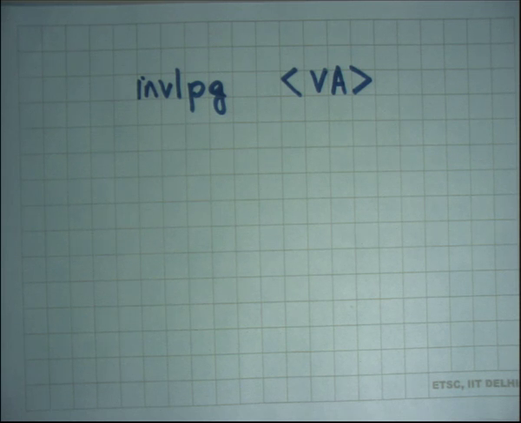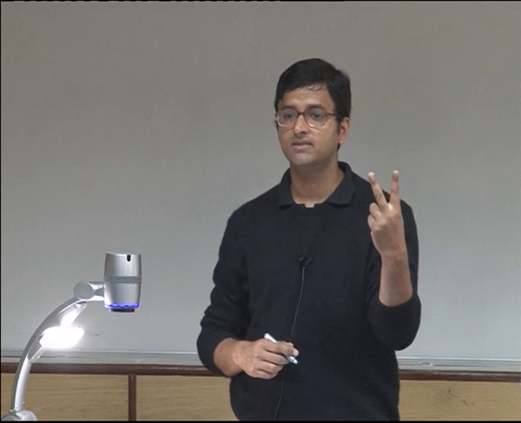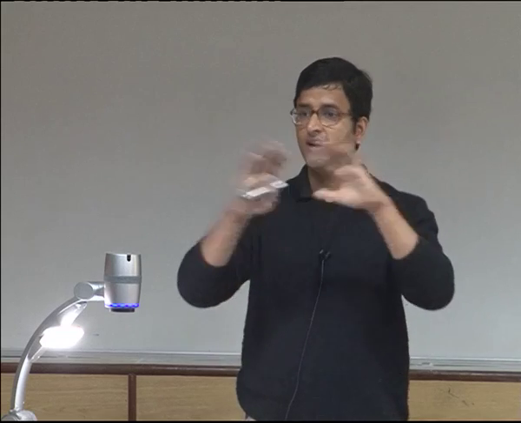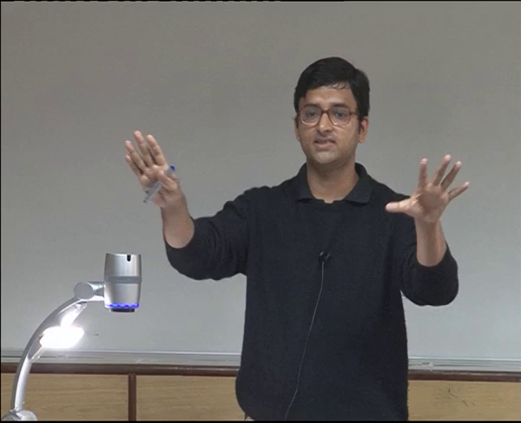Also, each time you do a context switch, you change CR3, right? So what should happen to the TLB? The entire address space has changed, right? So you should completely flush the TLB.